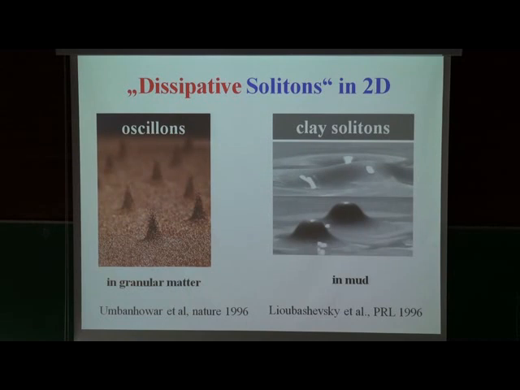And it's not so clear that this can be done, but there are systems like in granular matter or in mud where you can observe not only extended full patterns, but also isolated objects, like in granular matter. This is just some steel beads vibrating from below. You have these oscillons, so these are localized states here, or you have these clay solitons.